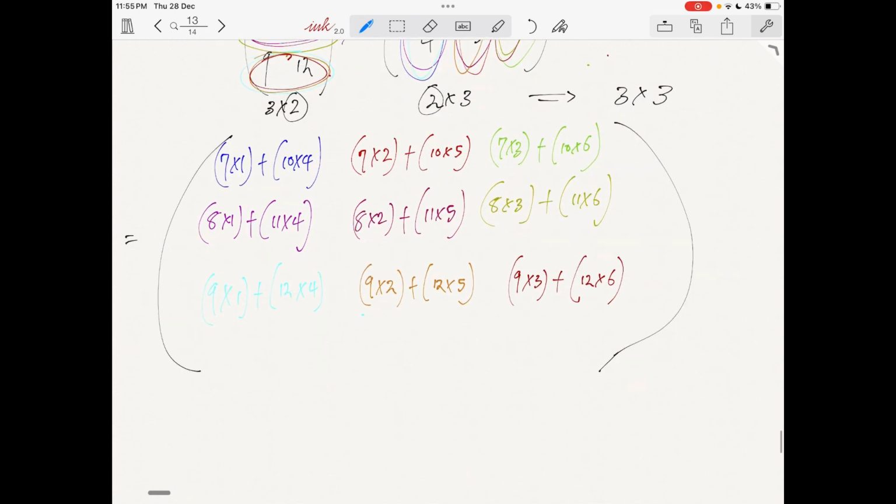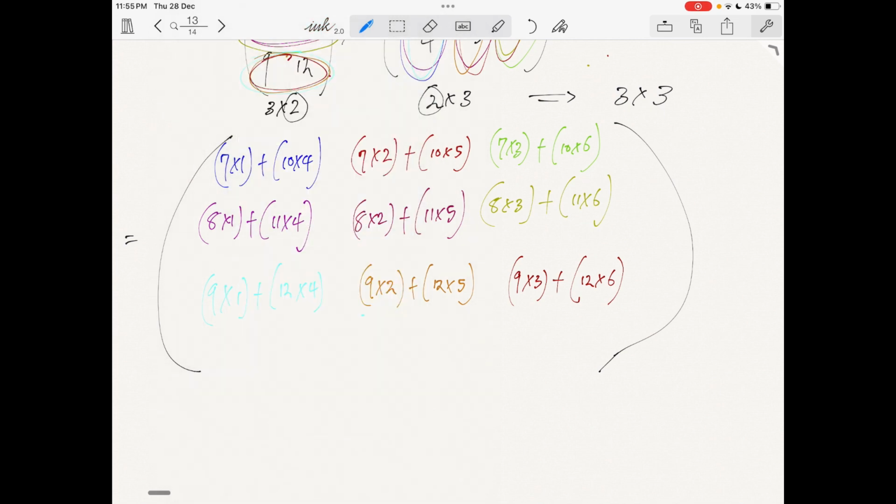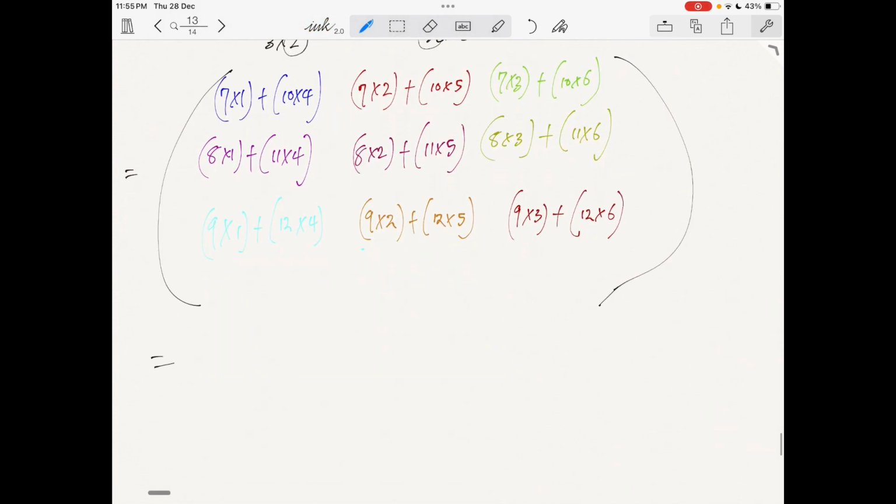Having done that, let's stick to our single color for our analysis, instead of looking for colors. So we have 7 plus 40, right? And here we'll have 14 plus 50. We have 21 plus 60. 8 plus 44. 16 plus 55. 24 plus 66. 9 plus 48.